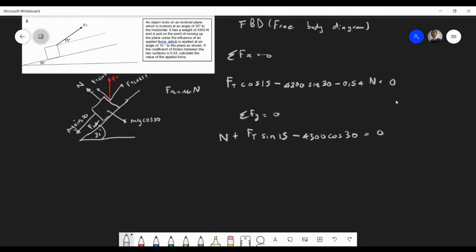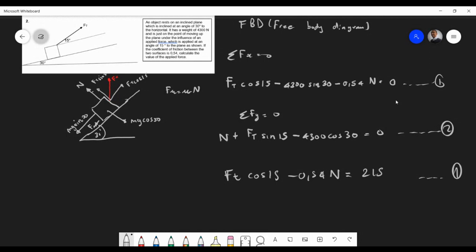We can end up with a simultaneous solution. We can solve by matrices, which is my approach, or by substitution. So for equation 1, it's going to be F_t cos 15 minus 0.54 n, and that's going to equal positive 4,300 sine 30.